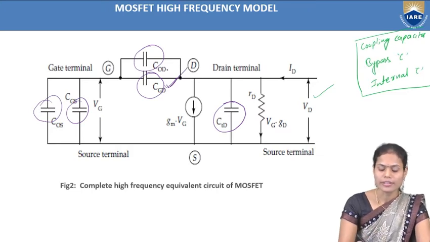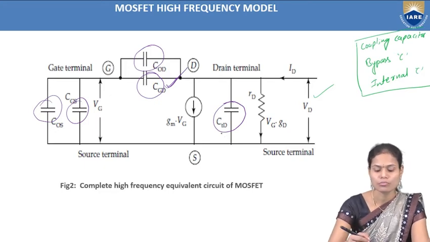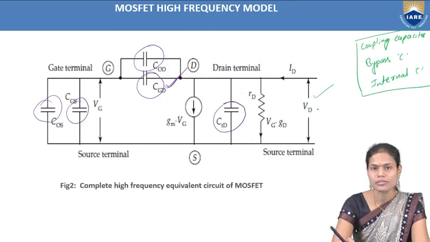And this CTD capacitance is very high compared to the COD capacitance, so we can neglect its effect because it is connected in parallel. If it is high, it will ground the total applied signal, so no signal will appear across it.